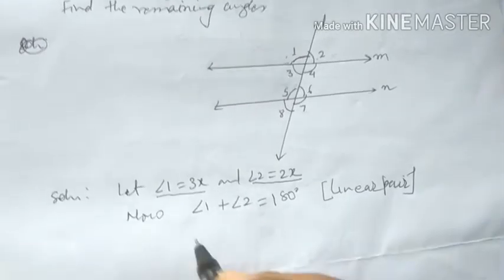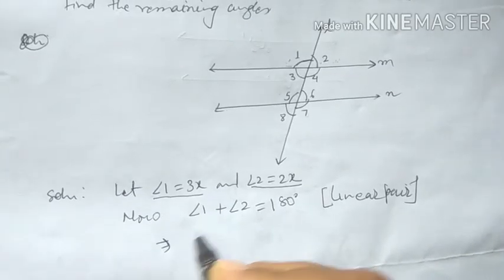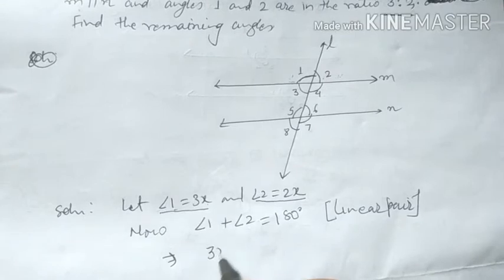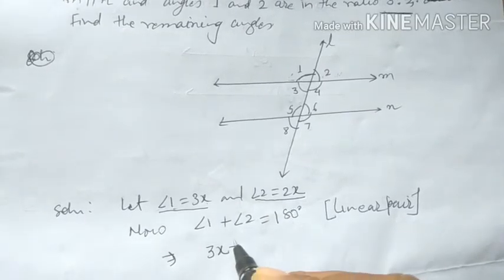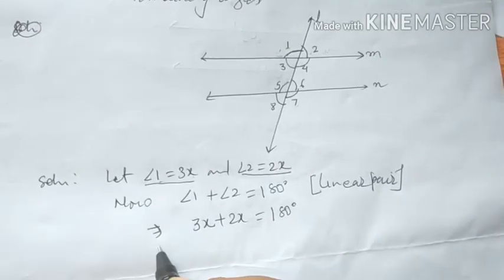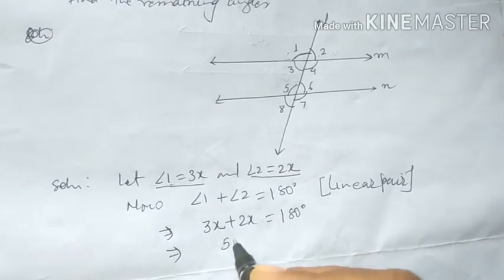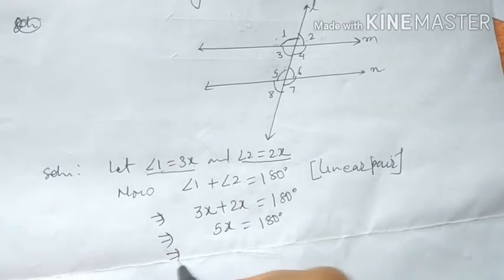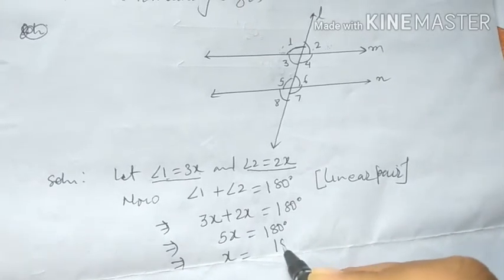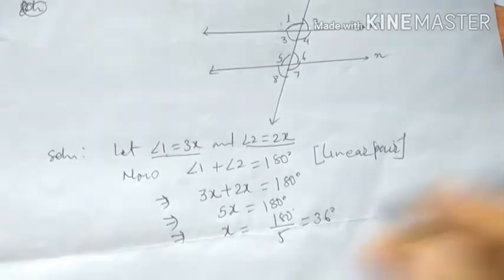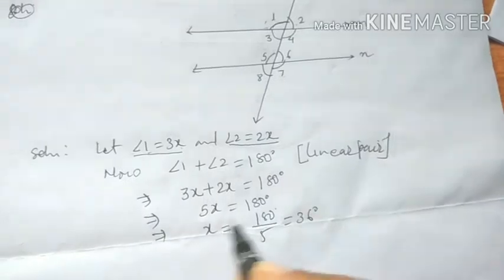The reason is linear pair. So 3x plus 2x equals 180 degrees. This implies 5x equals 180 degrees, so x equals 180 by 5, that is 36 degrees.